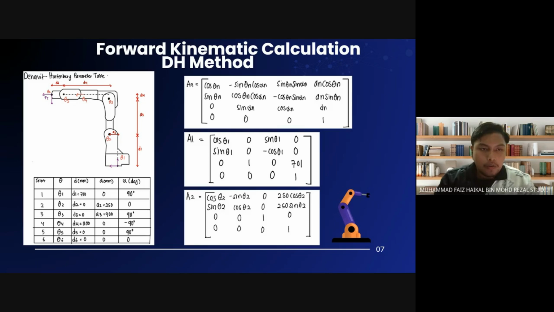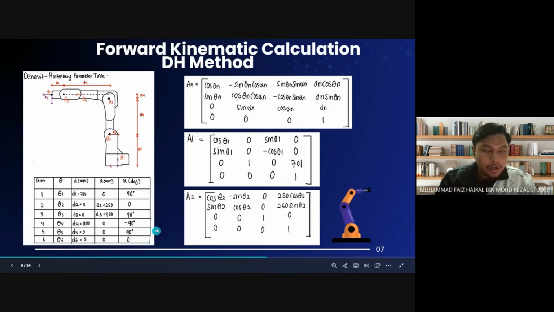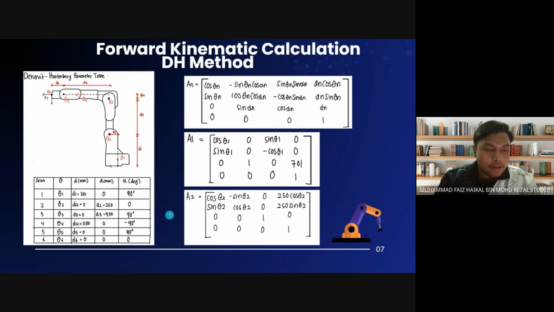So from this calculation, we must find this table for the joints, because we have 6 joints. We must find the theta values for each joint. We will assume the joint angle theta changes based on the movement command.